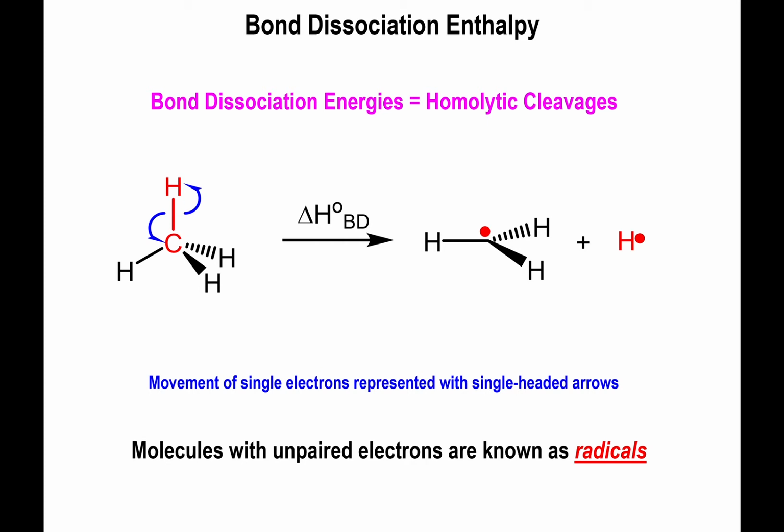That's not to say that radicals in organic chemistry are bad things, but if they are left in check or out of control, they can actually be bad. They can lead to serious problems. But at the same time, if you can control them and you know how to use them in a small, very controlled setting, you can actually make good use of radical chemistry. So there are good things about them and bad things about them.